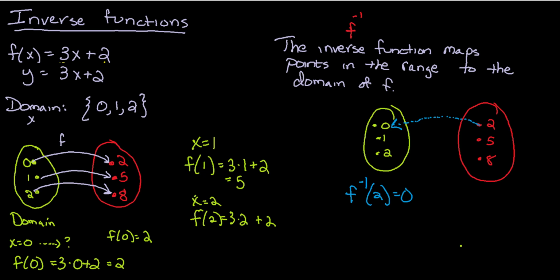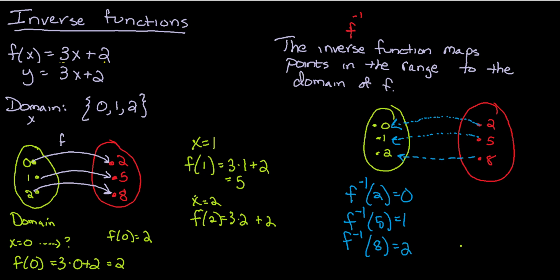What was the pre-image of 5? Looking at my picture, I know that 1 went to 5, so if I go backwards, 5 goes to 1. And similarly, the inverse of 8 should give me 2. That makes sense in a picture. We went one way for f, and we go backwards for f inverse.